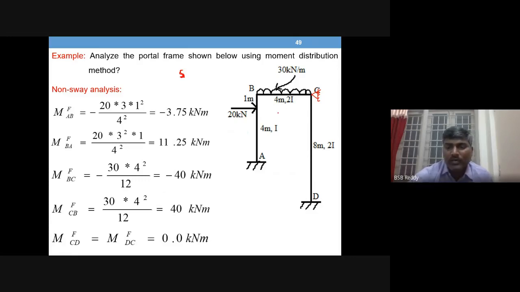Then again assume some moments in the ratio of the sway values, like moments developed due to sway.